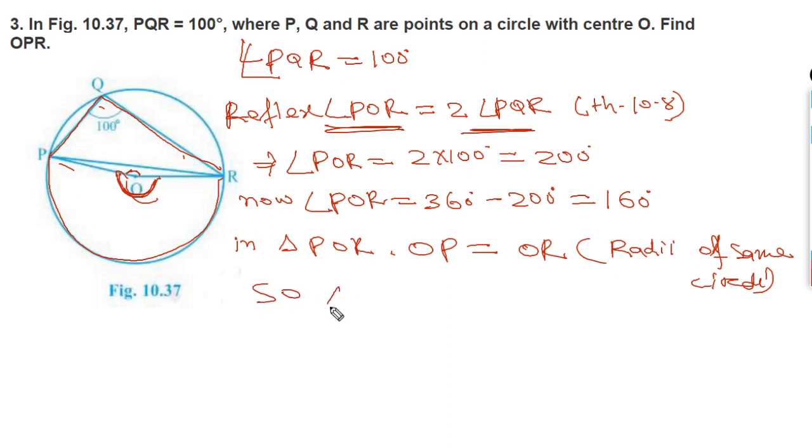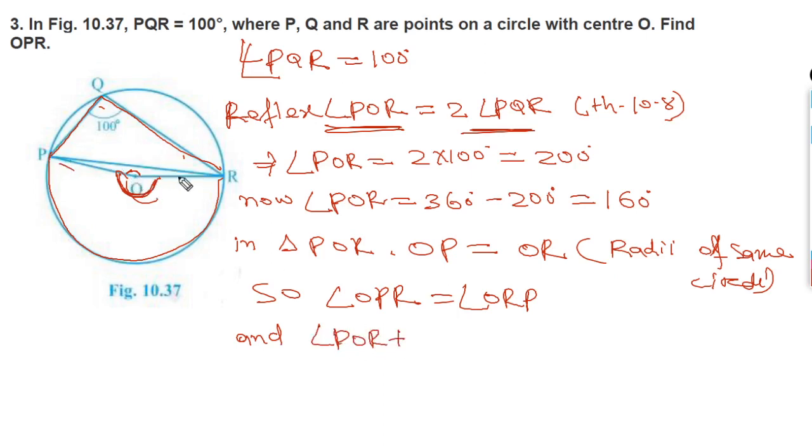So angle OPR, look at the figure again, OPR is equal to ORP. Okay, and the sum of the three interior angles of a triangle is 180 degree.